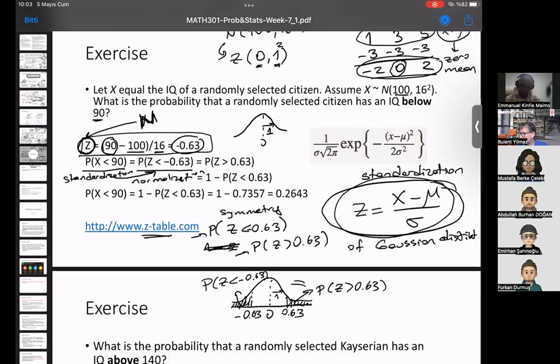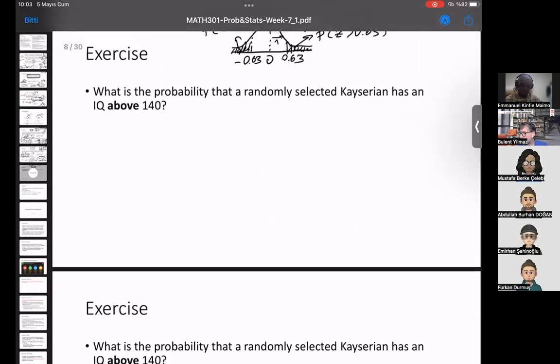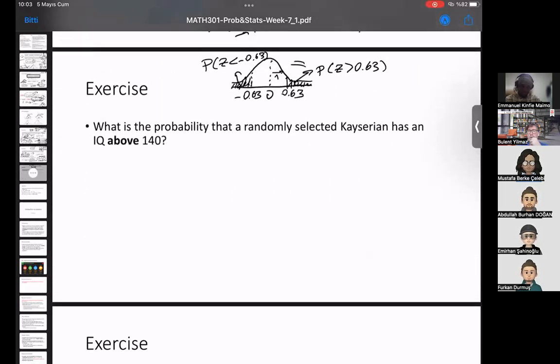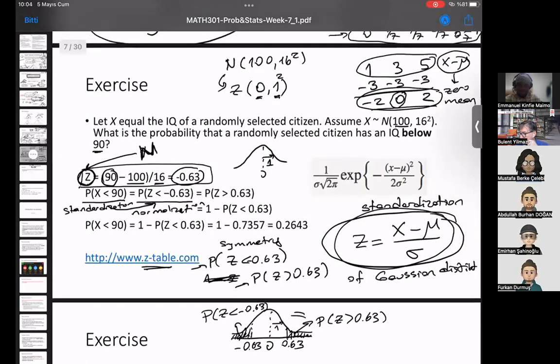Now, I want you to do this question right now. John, where did we get 0.73 from? If we scroll just one slide, where did we get the probability of Z less than that? This is the Z value that we are going to use, this 0.63.